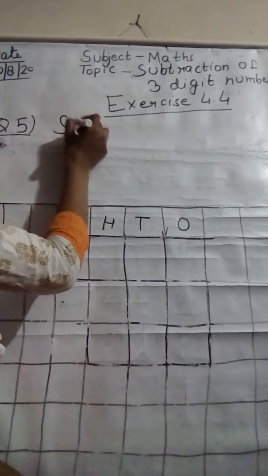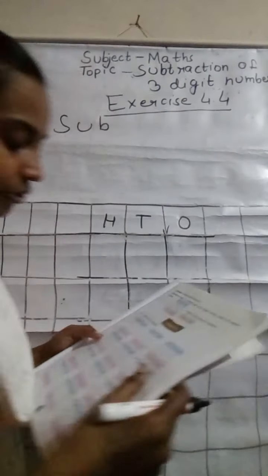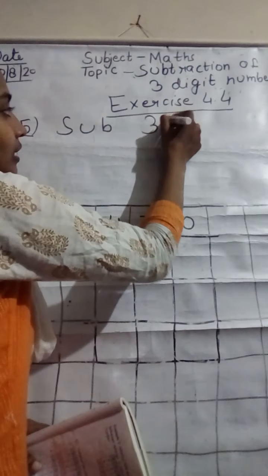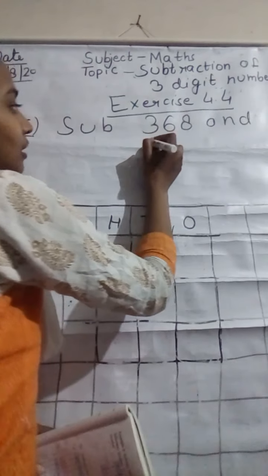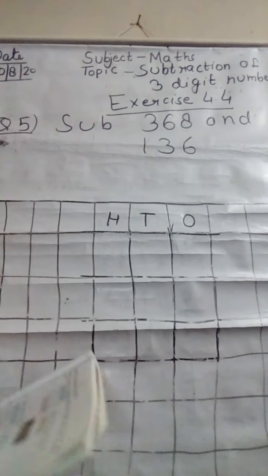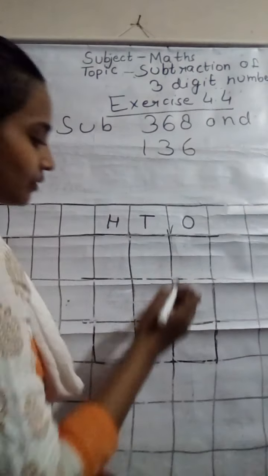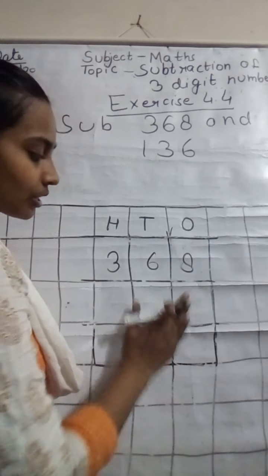Question number 5, subtract 368 and 136. 368, okay children.